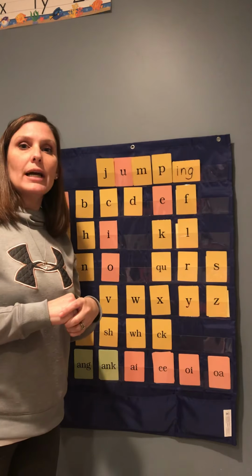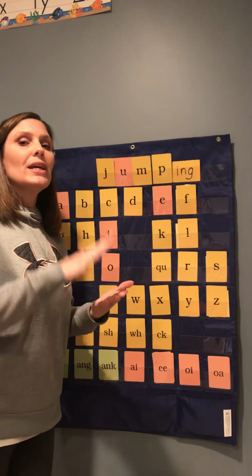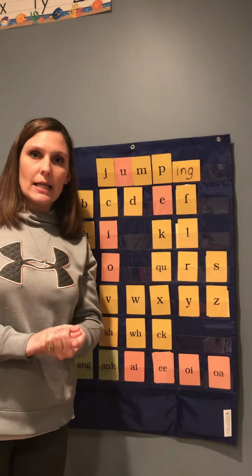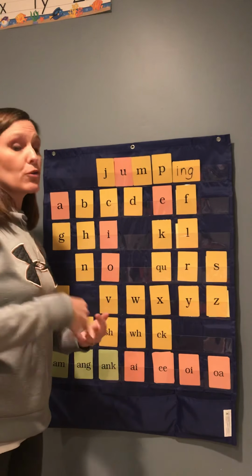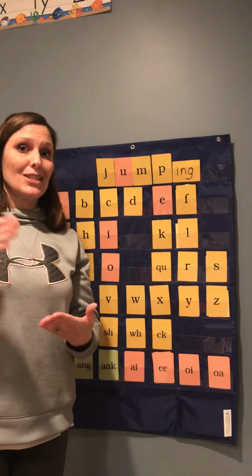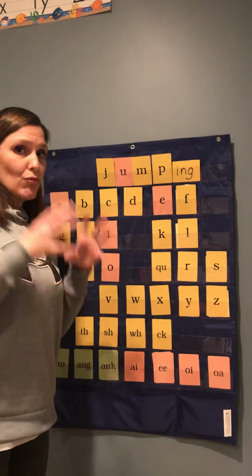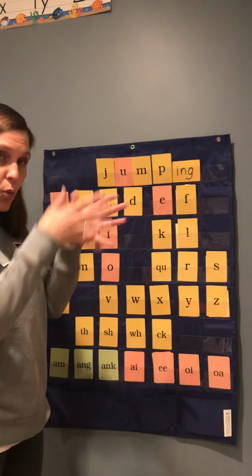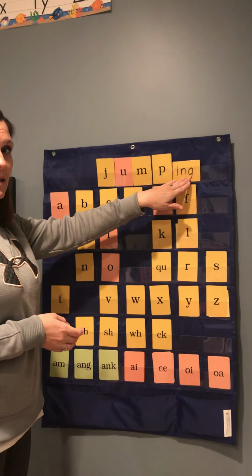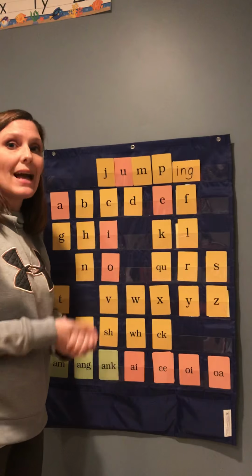I look at her and I say, my daughter is jumping. That makes a lot more sense to me. And if I were to write that in a sentence, I would say, my daughter is jumping. She's doing it right now while I'm watching her. Okay, so ing is something that's happening right now.